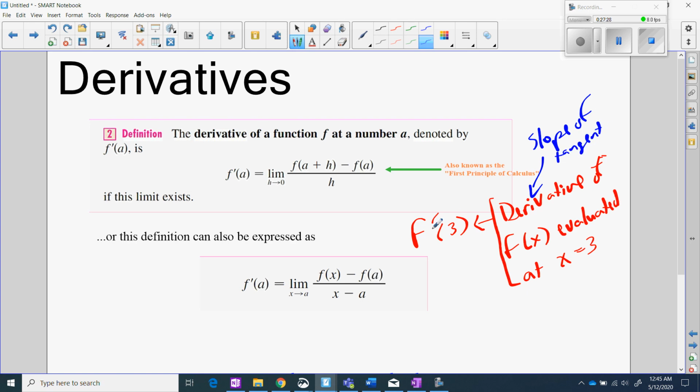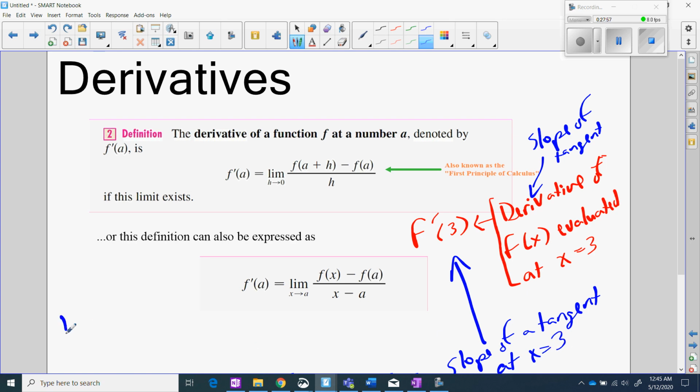So f prime at 3, I can translate that into meaning go to your function and find the slope of a tangent drawn to that graph at the x value 3. That's what this translates to mean. Slope of a tangent drawn at x equals 3. That's a basic definition of a derivative. Slope of a tangent at x equals 3.